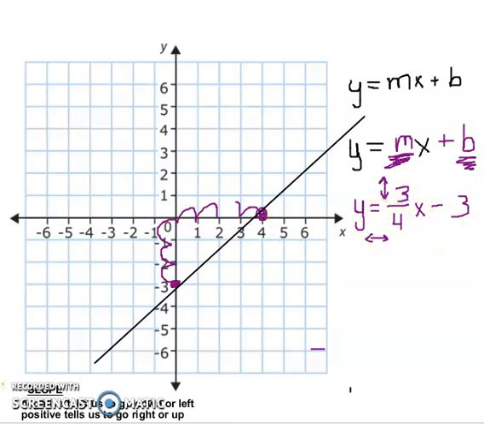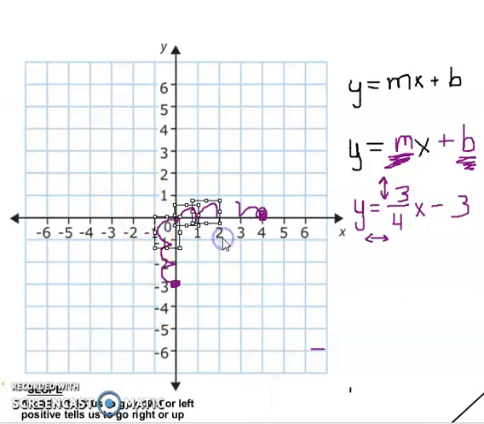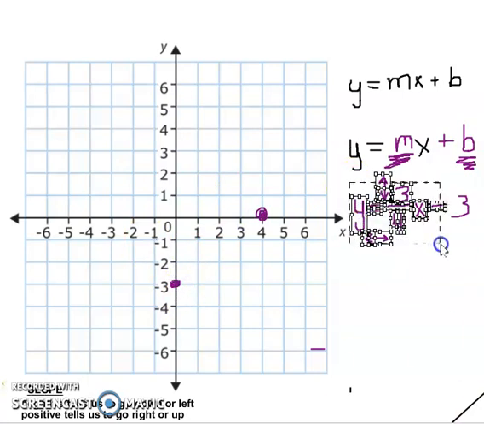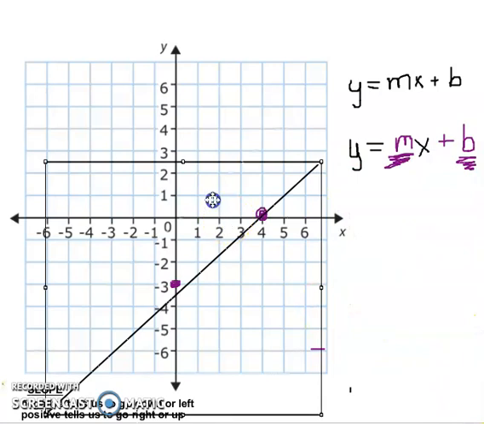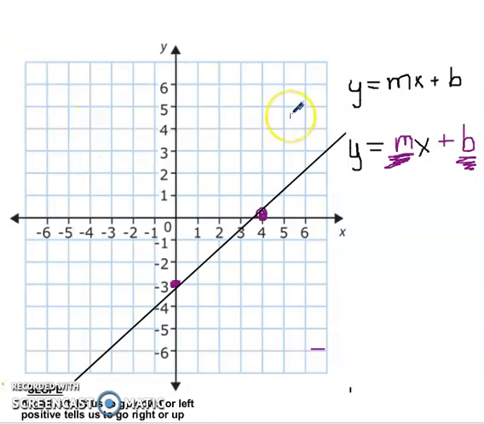But now we're just going to look at the line and come up with the equation. So let's delete our equation. Let's put our line back. And let's look at that line and find our slope and find our y-intercept.